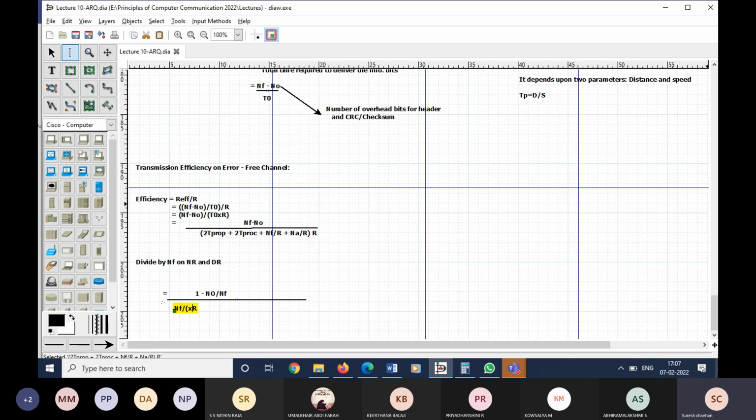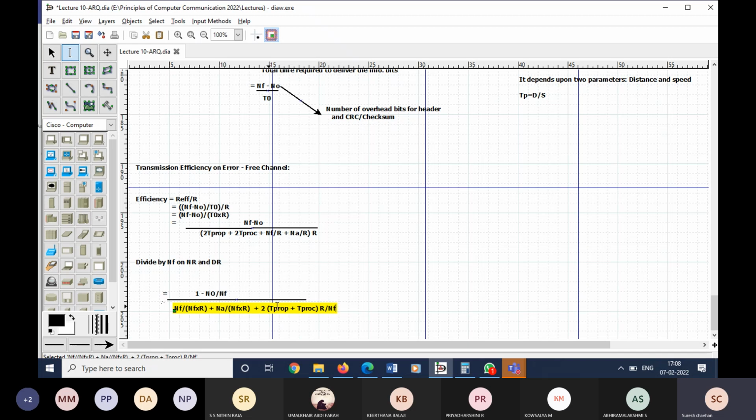And I have divided by NF, so I'll write here NF divided by NF R plus NA divided by NF into R. The 2 I'll be taking out and I'll be writing T processing, into R. And as we are dividing by NF, in this NF divided by NF into R, correct?